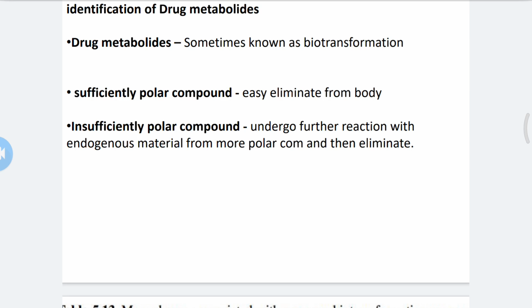This is the ideal combination for characterization of metabolites. Use these two techniques. Okay, so for example, different drug structures undergo chemical reactions that involve production of metabolites.